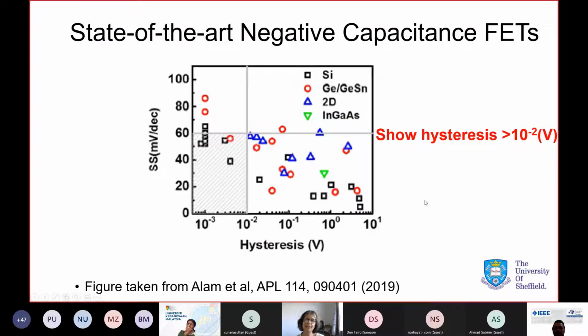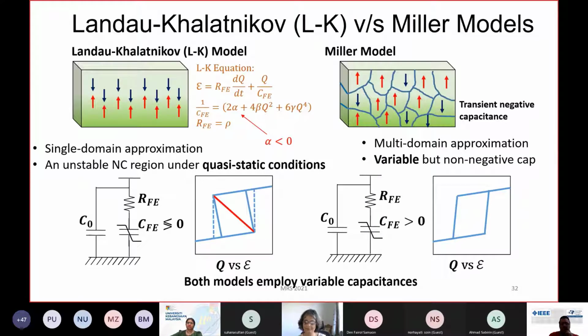But that seems a little bit harder in practice, because there was a big review in 2019, and you can see that the smaller the subthreshold slope, the bigger is the hysteresis. As you start reducing the hysteresis, the subthreshold slope starts to increase. And this has been the biggest problem which has been challenging industry for the last couple of years.